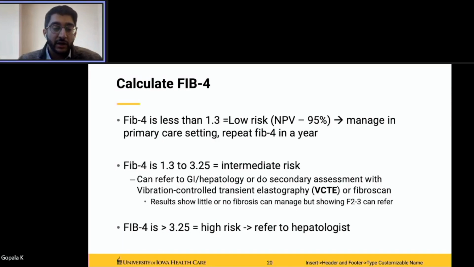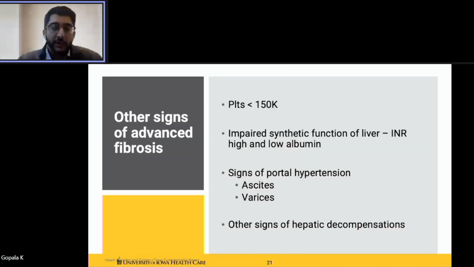And if the score is very high, you should refer to a hepatologist, or if no hepatologist is available, maybe GI.